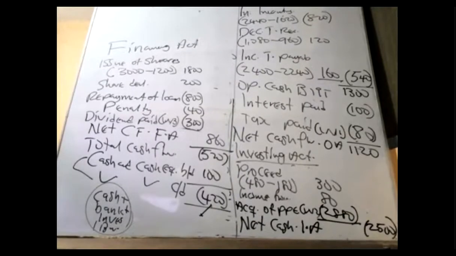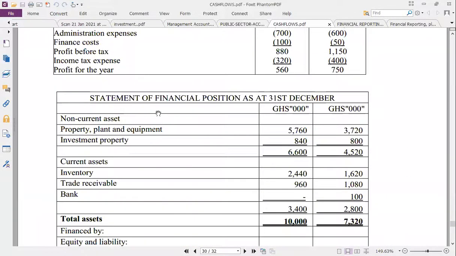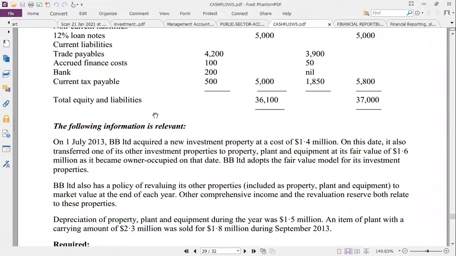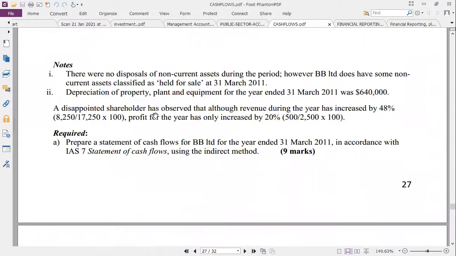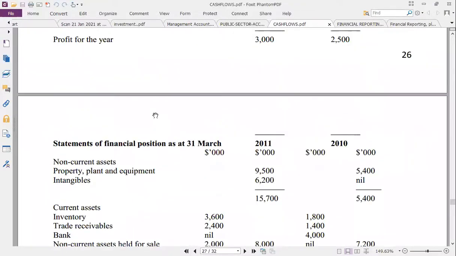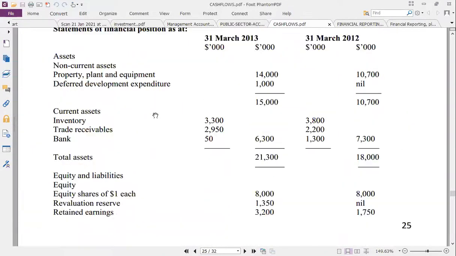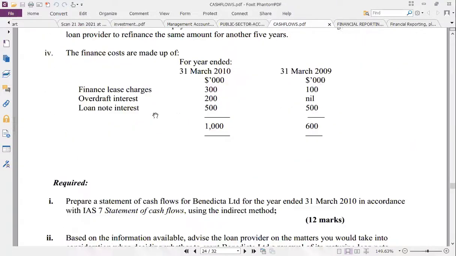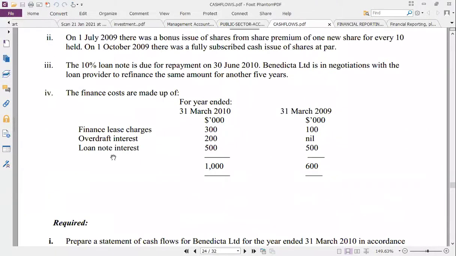So that is the cash flow. What is not gone through is the leases, a question where there is a lease. So can we scan through this particular question? There's a question in here where there's a lease. Let's go there and do just that question for me. Why? This particular question. That one has leases. I can see lease in there.